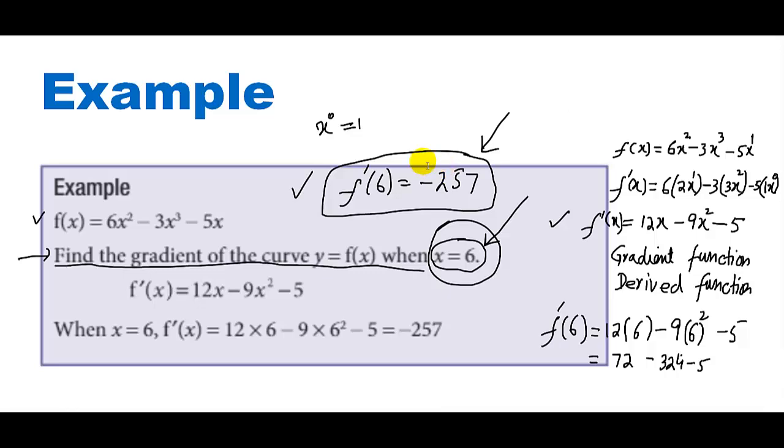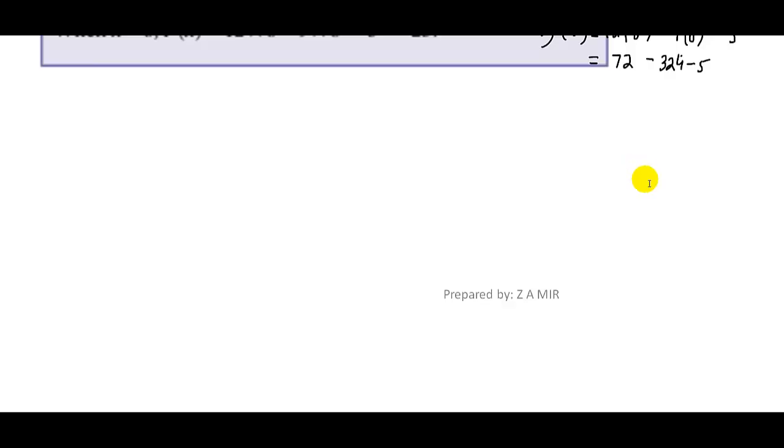Let me tell you, this is a negative gradient. What does it mean? It means the tangent line at the curve will be sloping down. It is coming down. It means the tangent line will be from up to down. Look here, just an example. Suppose this is the curve.